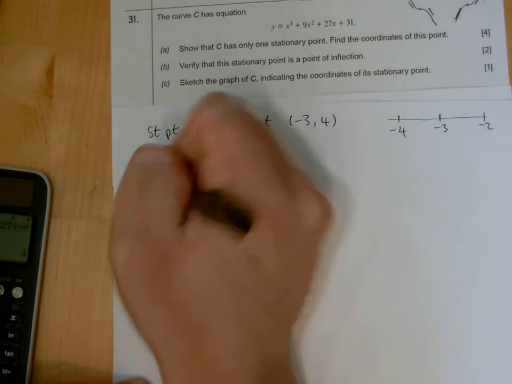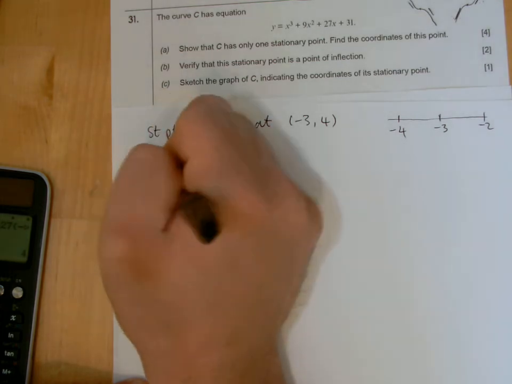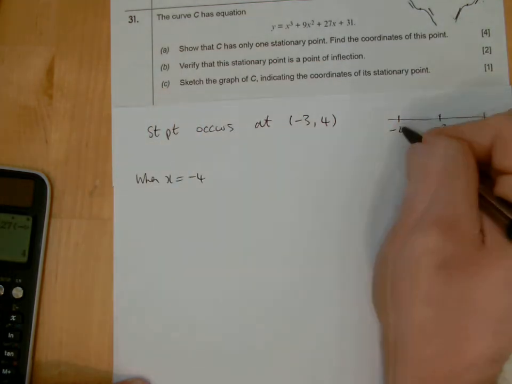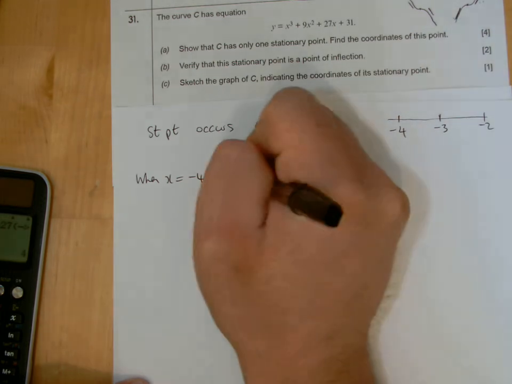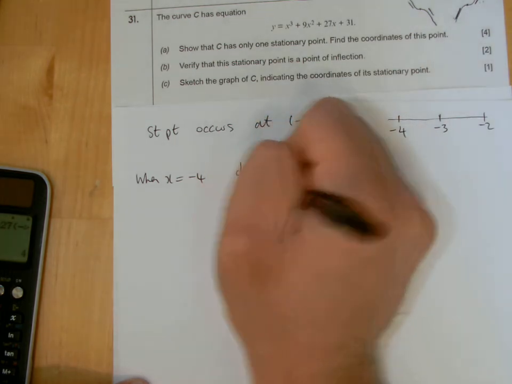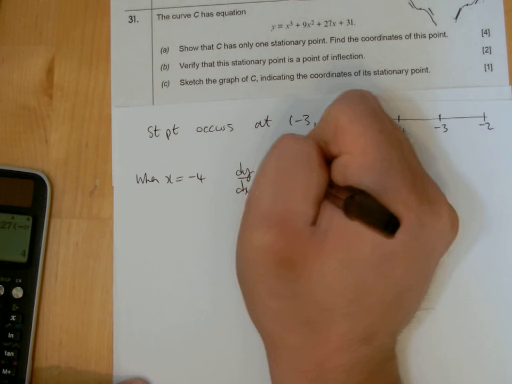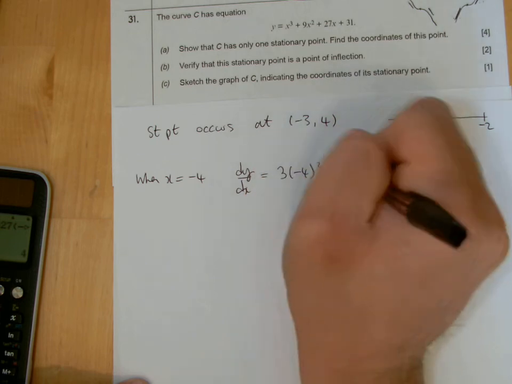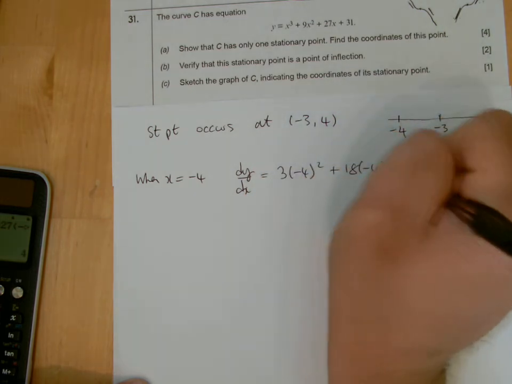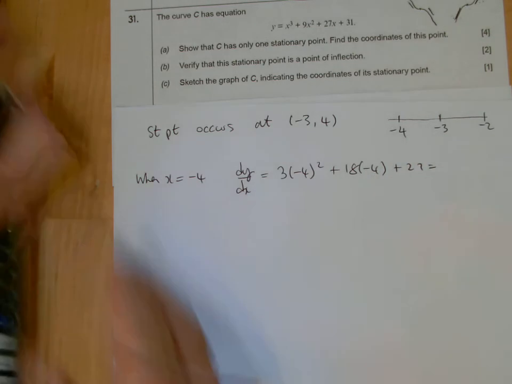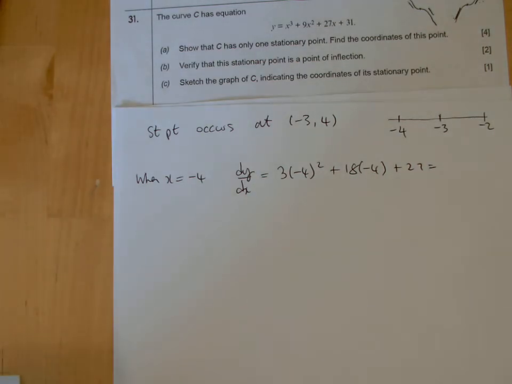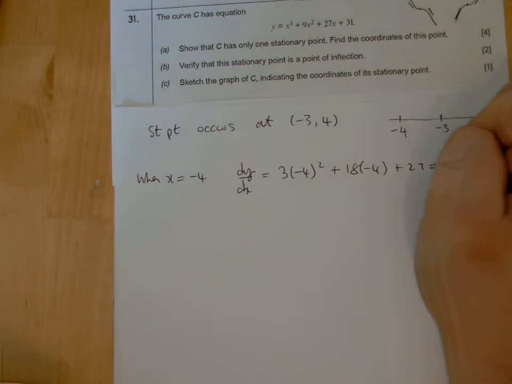Let's look at the gradient when x is equal to minus 4, to the left side. dy/dx equals 3 times minus 4 all squared plus 18 times minus 4 plus 27. I work that out, and it comes out to be 3, which is positive.